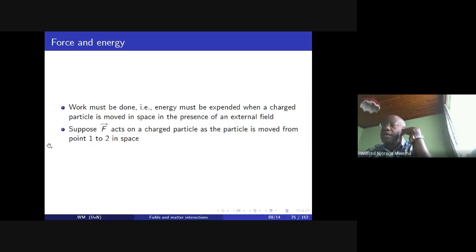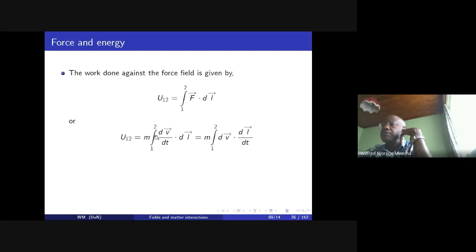So work must be done whenever a charged particle is moved in space when we have an external field. Therefore, let F be acting on a charged particle as the particle is moved from point 1 to point 2 in space. So the work done against the force is going to be given by the integral from 1 to 2 of F dot dl, where dl is the element of path along the integration path.